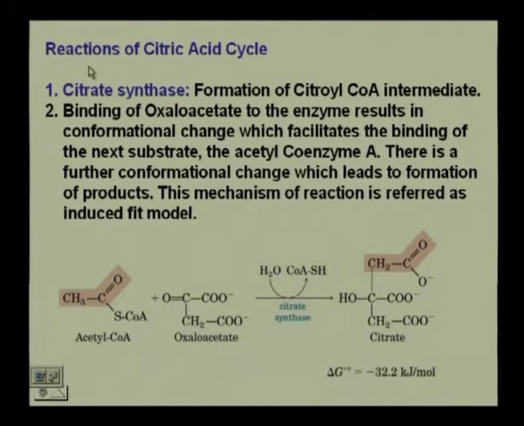In the first step, we have acetyl-CoA and oxaloacetic acid in the presence of citrate synthase. What does citrate synthase mean? It is going to form citrate. So, we have oxaloacetate here.